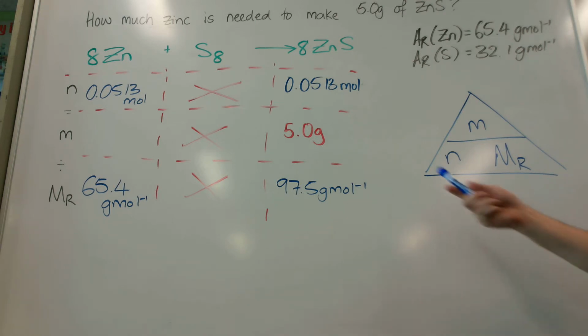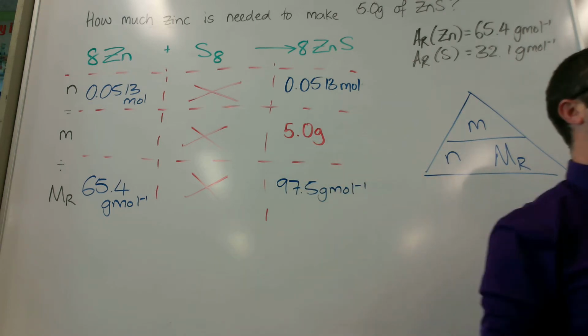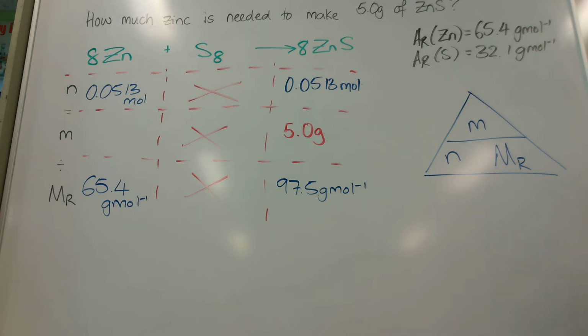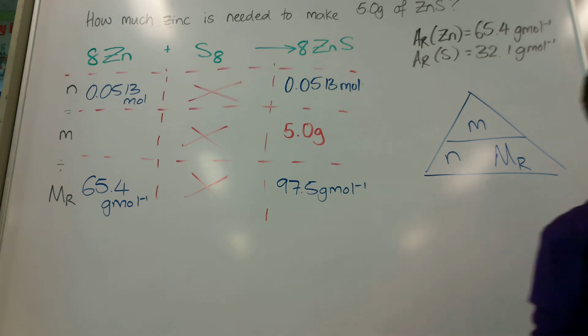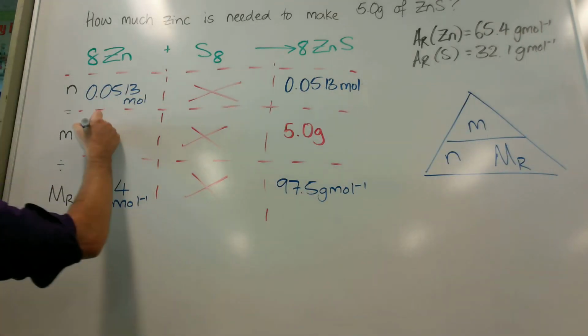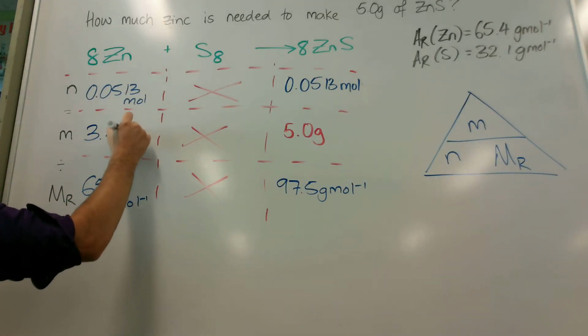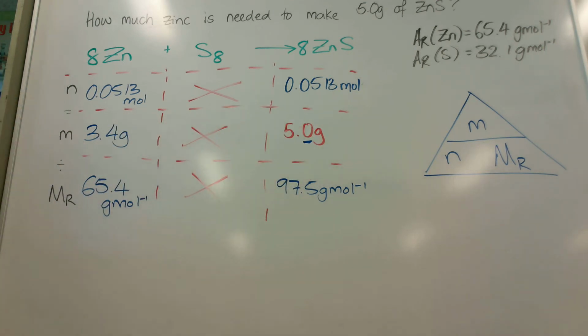Well, guessing from what my answer was, I'm not precise beyond 1 decimal place, so 3.35 would be 3.4 grams, because it looks like my scales are only good to that decimal place there. Alright? This, therefore, would be my answer. 3.4 grams of zinc would be required to make 5.0 grams of zinc sulfide.